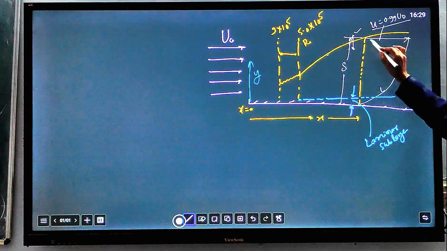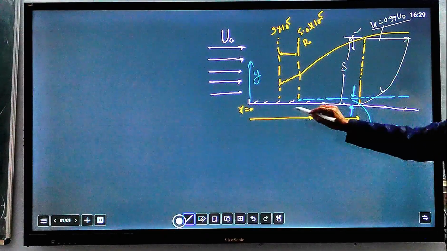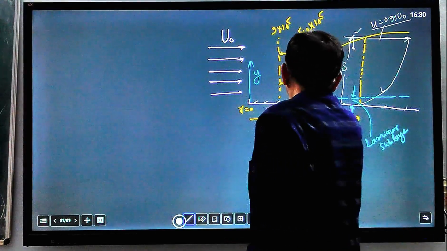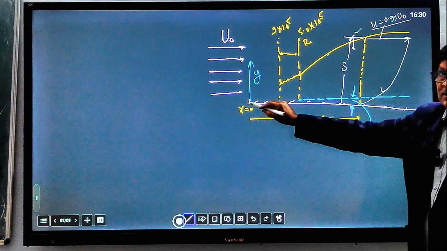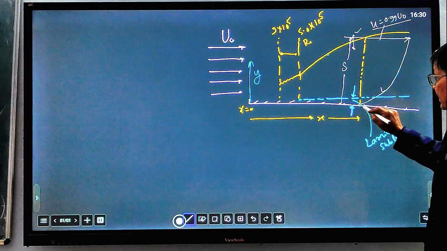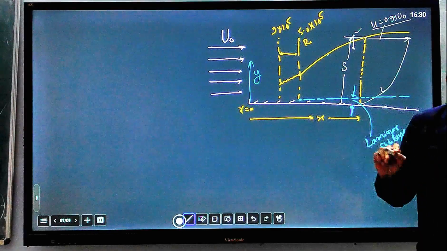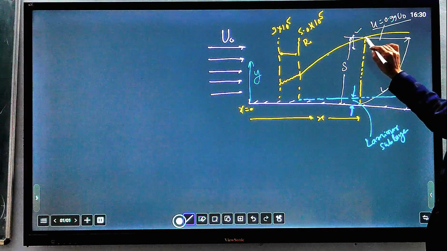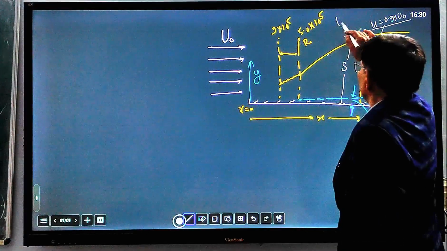This is the boundary layer thickness from the surface of the plate. It means the fluid particle at this point will have a velocity 99% of the free stream velocity u naught.